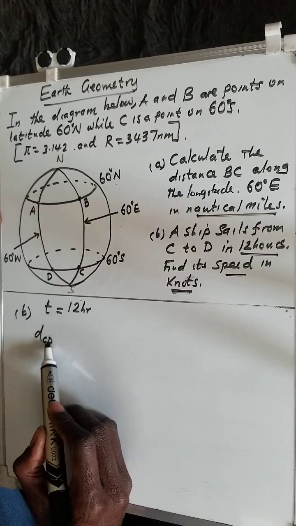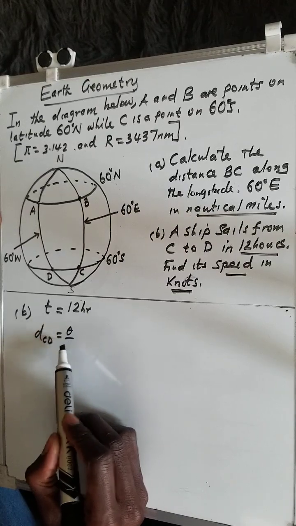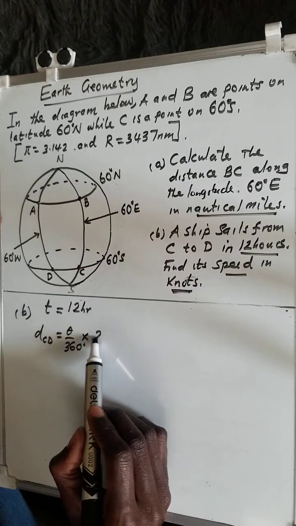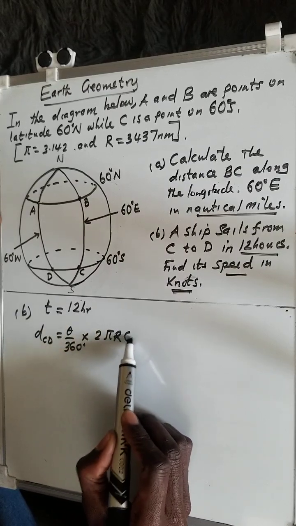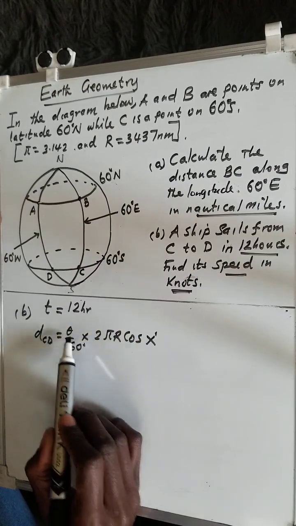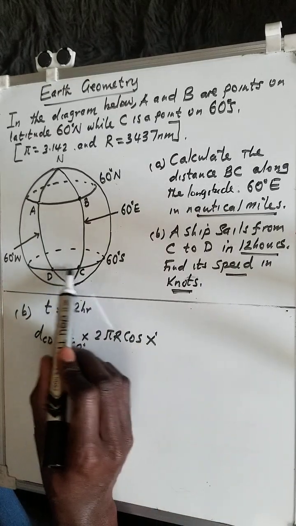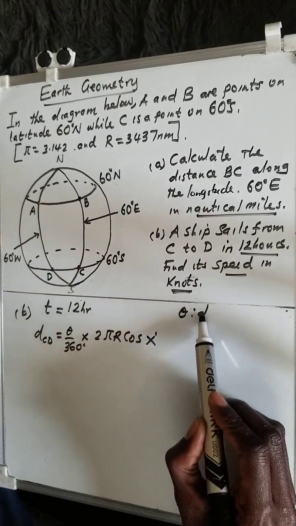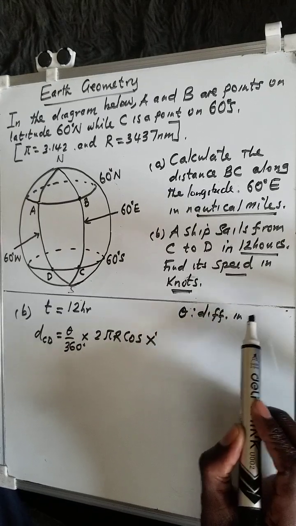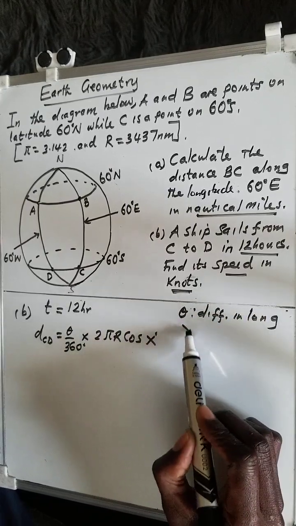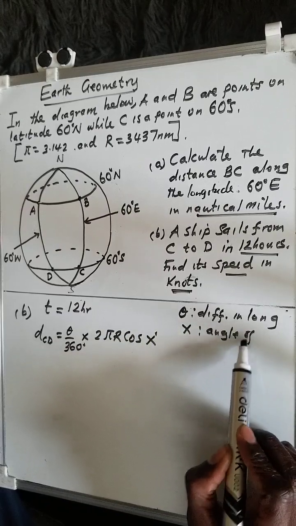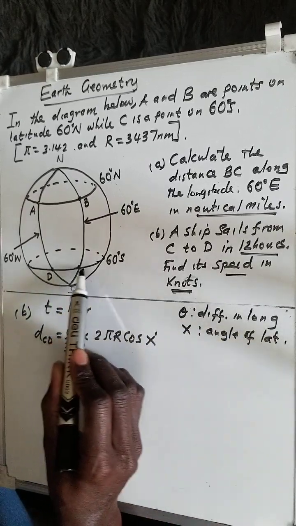So the distance CD will be equal to theta over 360 degrees multiplied by 2 pi r cos x. Do you remember what the theta represents when you're finding distance along the latitude? Well, theta is representing the difference in longitude, and x is the angle of latitude, where the 2 points are.